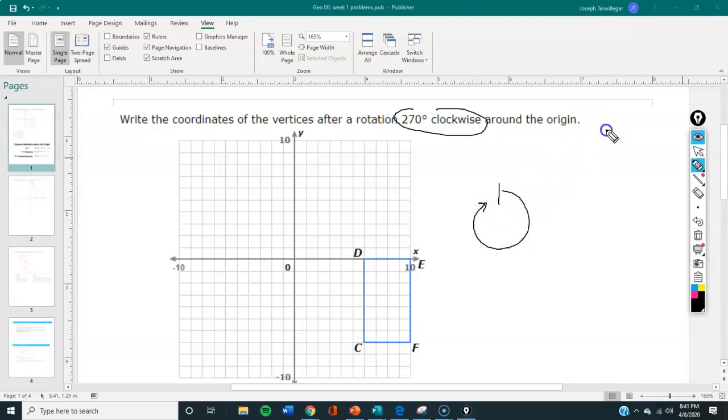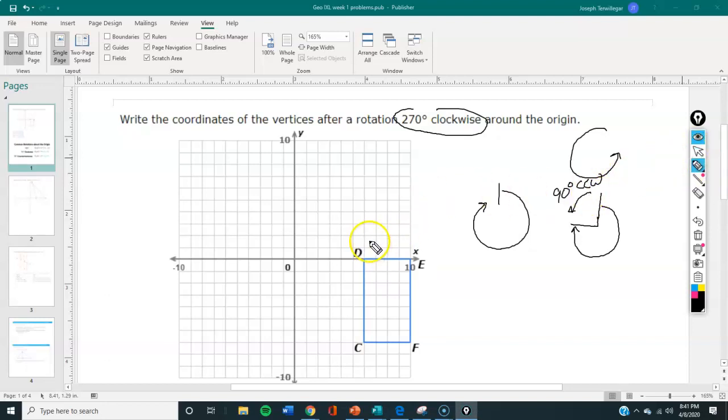But we know rotations go the opposite way, counterclockwise. So if I start here and go 270 degrees clockwise, isn't that the same as going 90 degrees counterclockwise? Why, yes. Yes, it is.